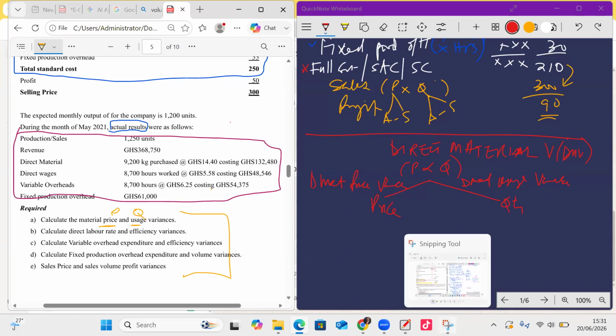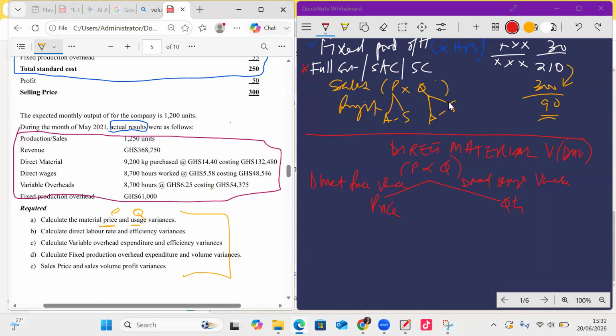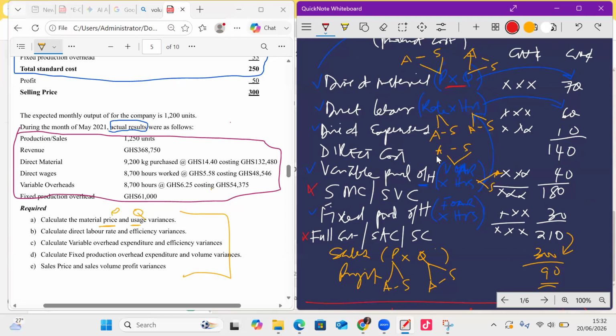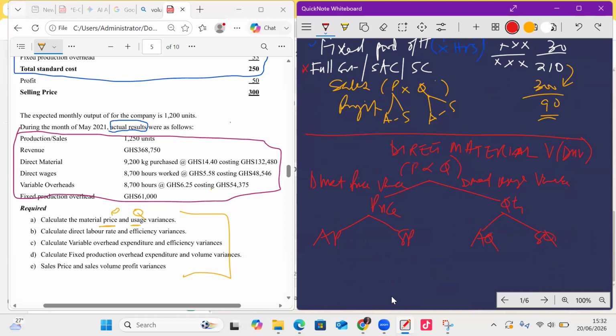Then we'll find the actual price, standard price, actual quantity, standard quantity. Then we'll place negatives between them.